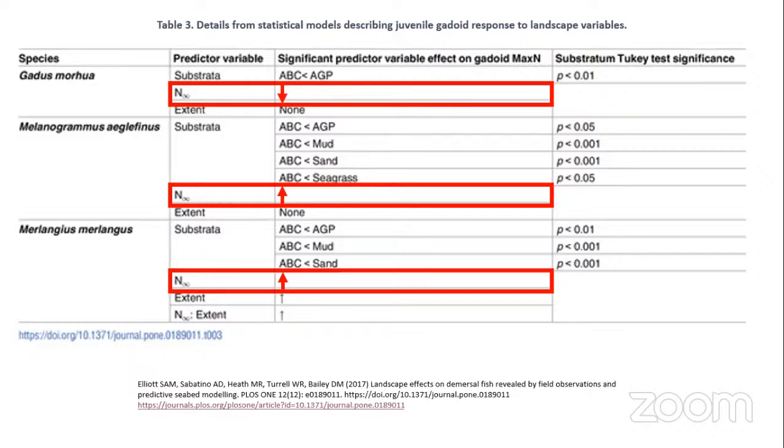And what you find for cod, Gadus morhua, is that they were much more likely to occur in greater numbers if the seabed wasn't highly dominated by one substratum. For haddock and whiting, it was the other way around. A high level of dominance by one substratum type was good as far as they were concerned.